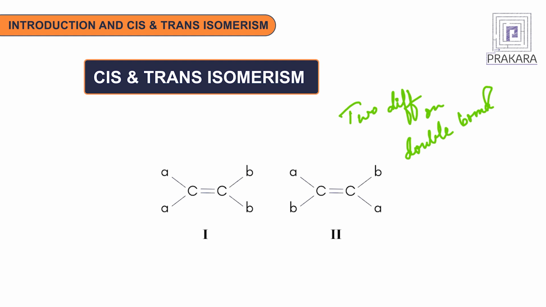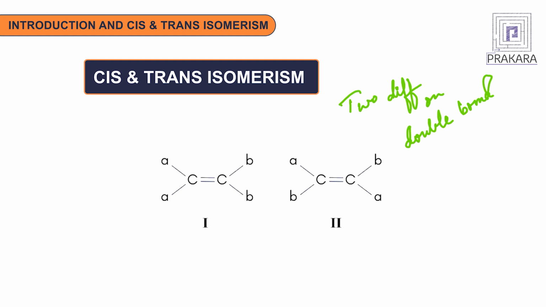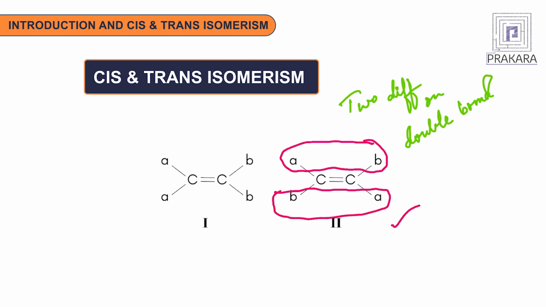If two different groups are present on the double bond, then we give the designation of cis and trans, based on whether the groups are on the same side or on different sides. So in this you can see that geometrical isomerism could be possible.